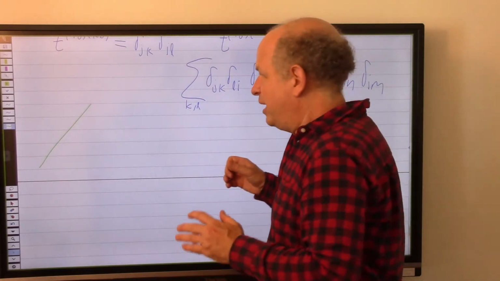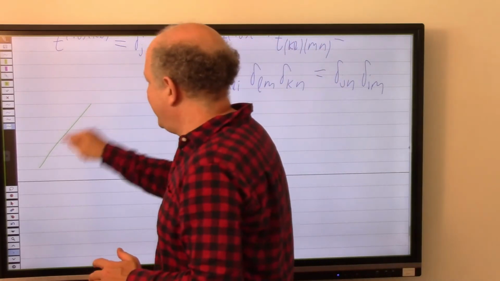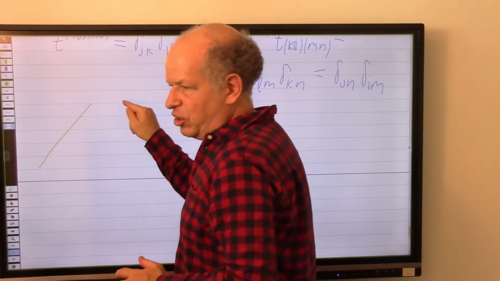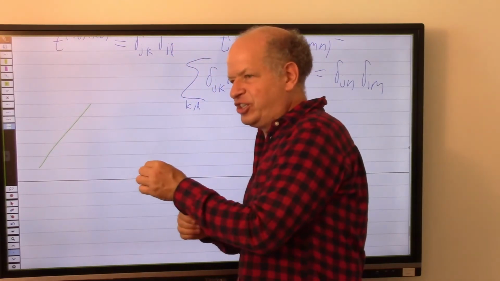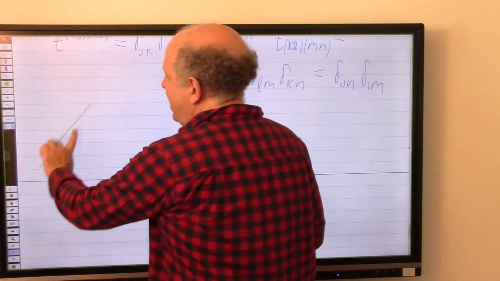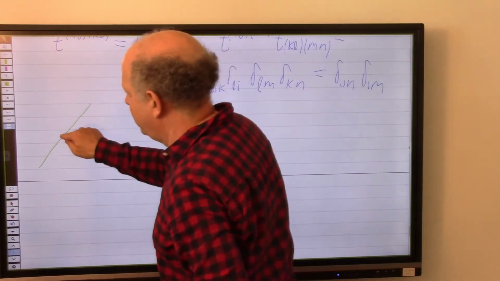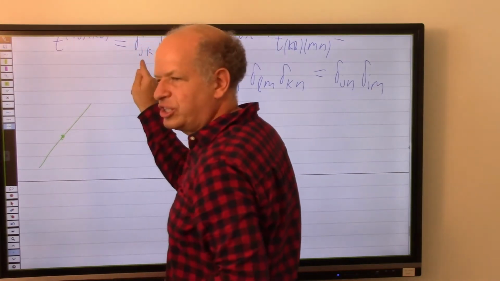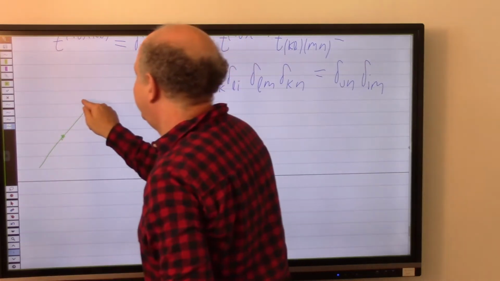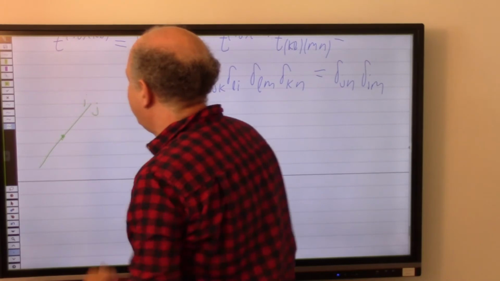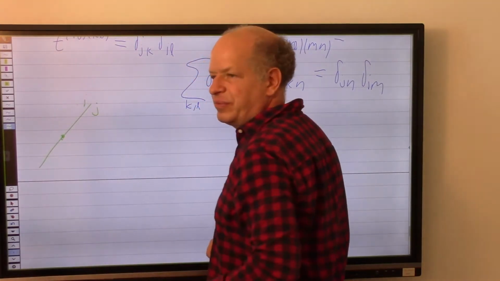Okay? So let me adopt the convention that when I want to label an end of an edge with an ij or a kl or whatever it is, the first index will be to the left of the edge when I'm looking from the center. So I sit on the center and I look toward the end, and then the first index will be to the left and the second index will be to the right. So when I write ij like this, this is the pair of indices, first i then j.